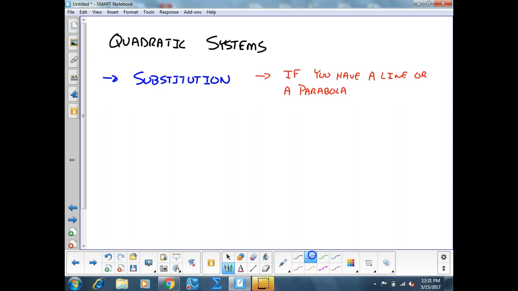I would not use substitution if you were to have a circle and a hyperbola, or a circle and an ellipse. Basically, if you have 2 squared terms, substitution is out. If you only have 1 squared term in one of your equations, you can use substitution. But if you have 2 squared terms in both of your equations, forget about substitution.